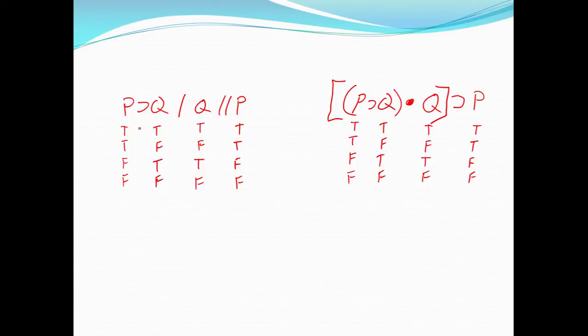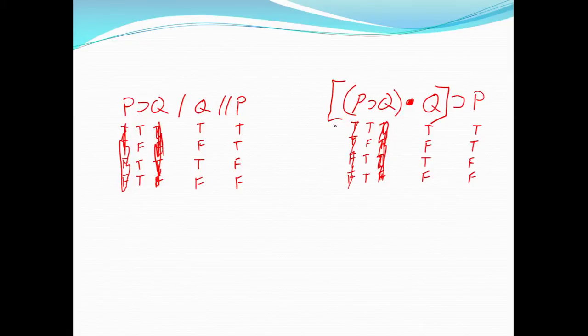So P horseshoe Q is going to be true, false, true, true. We don't need these anymore, so I'm going to get rid of them. For this corresponding conditional, we have true, true is true; true, false is false; false, true is true; false, false is true. We don't need these anymore.